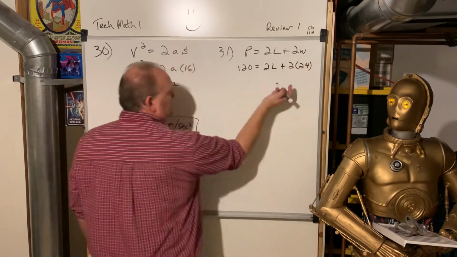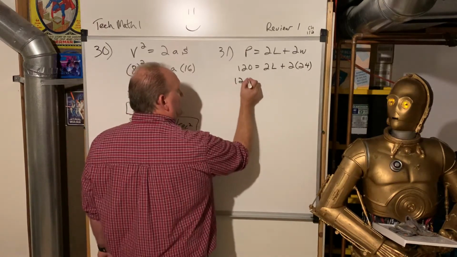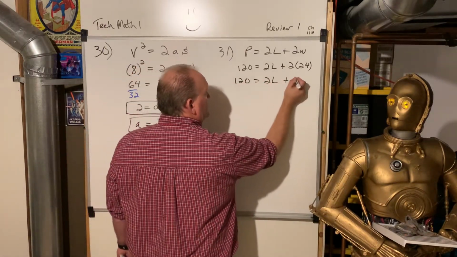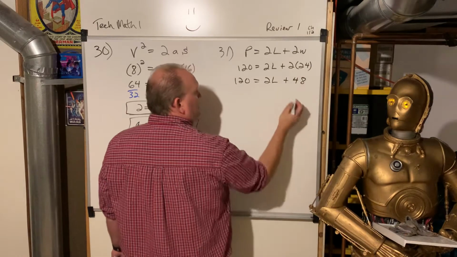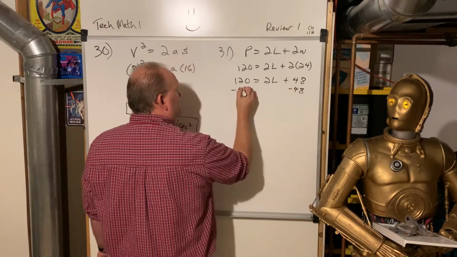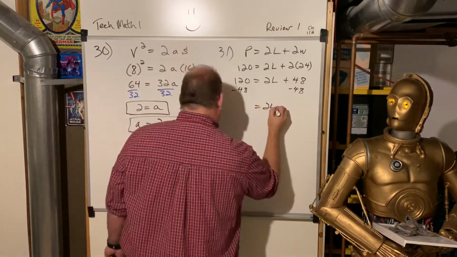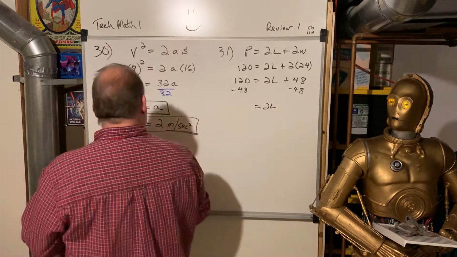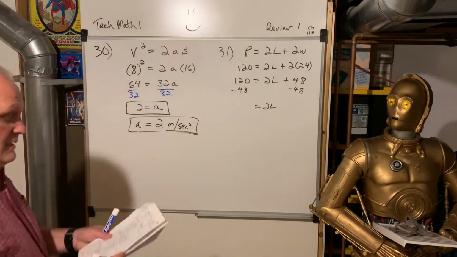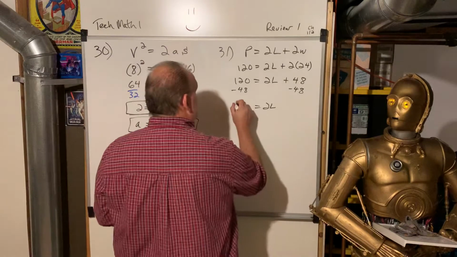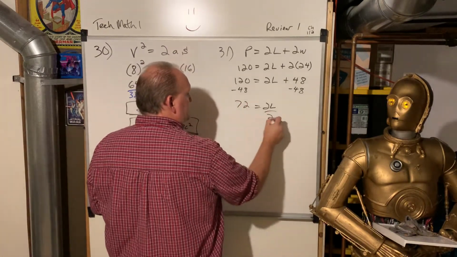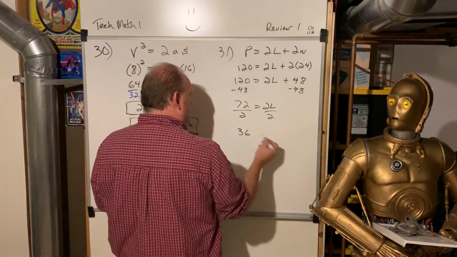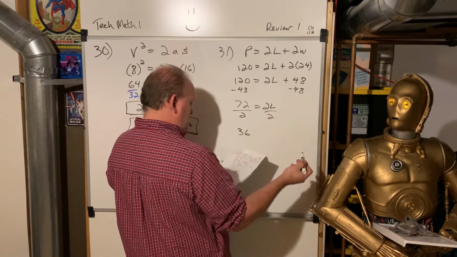Now it looks just like our problems that we just got done working out. Subtract 48 from both sides. For 31, that's 72. Then divide by 2. 36, and that's in centimeters, I think.